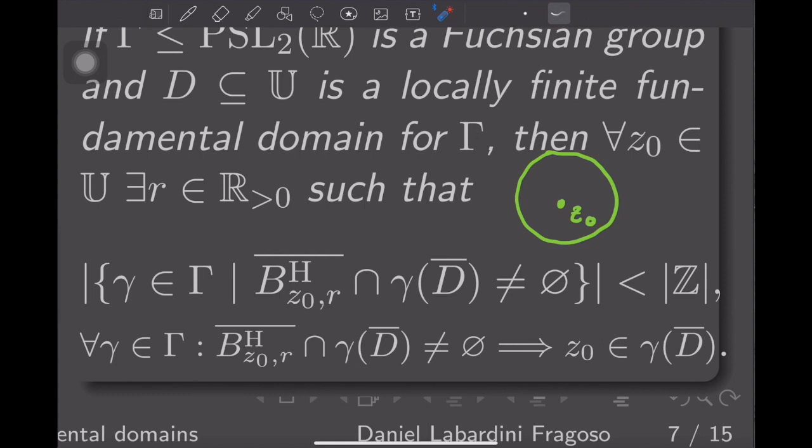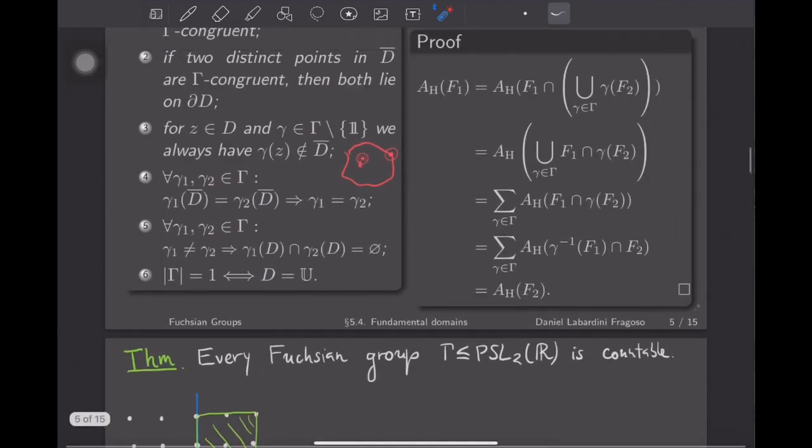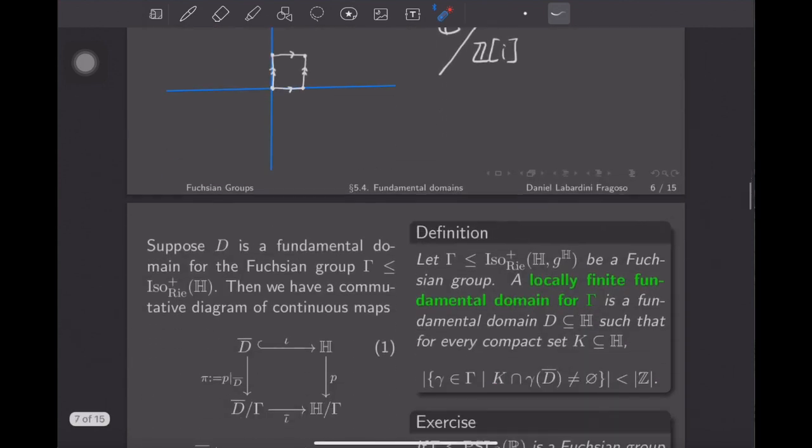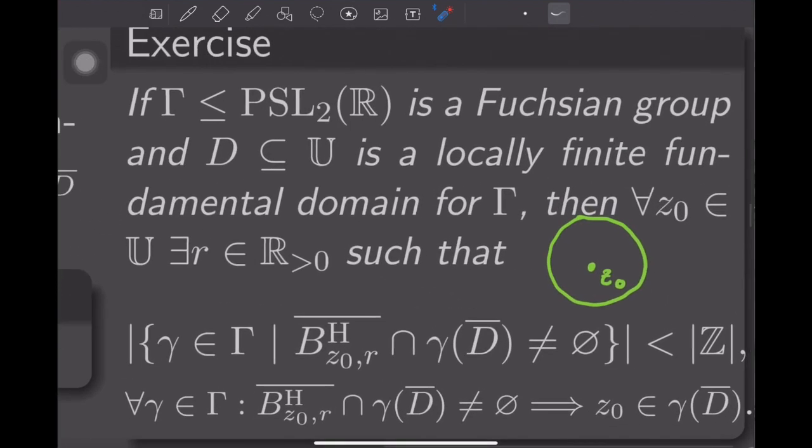I know that for any radius, for this compact open disk, I can say, because of this exercise, that for this compact disk around Z naught, the disk intersects only finitely many gamma images of D bar, the fundamental domain.